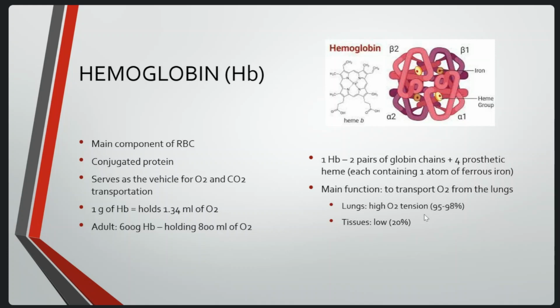The main function is to transport oxygen from the lungs. In the lungs, there is a high oxygen tension, thus allowing the exchange of gases, about 95 to 98%. But in the tissues, there is a low oxygen tension, thus the oxygen will go to the tissues.